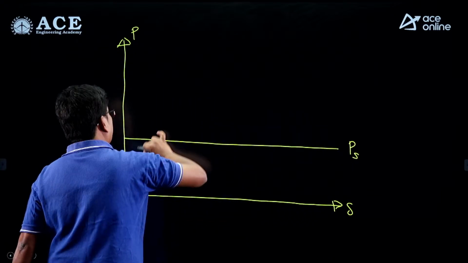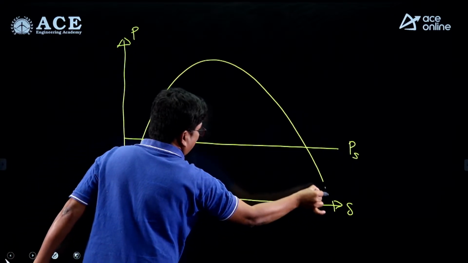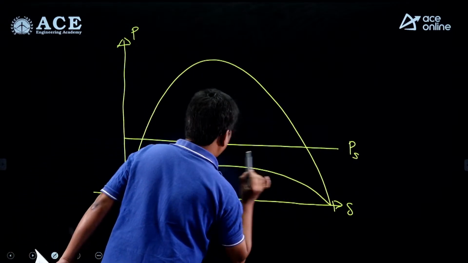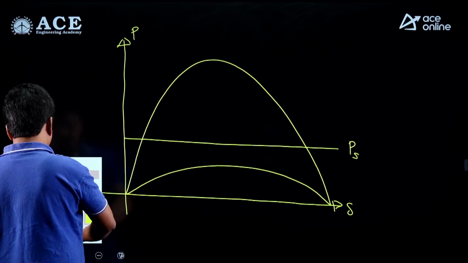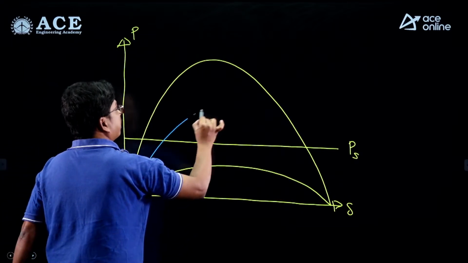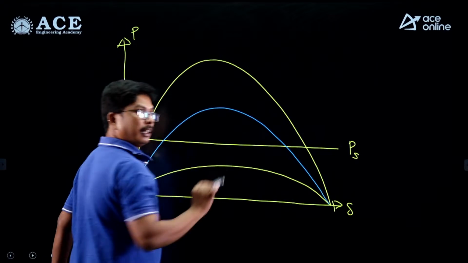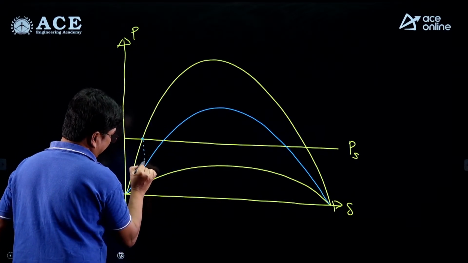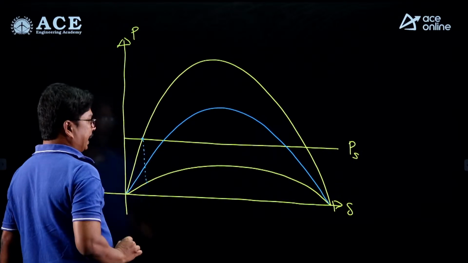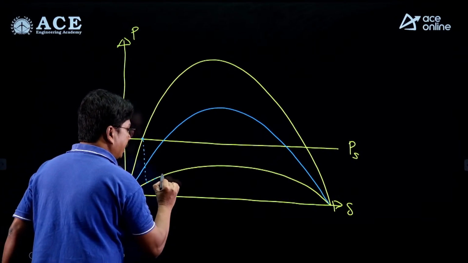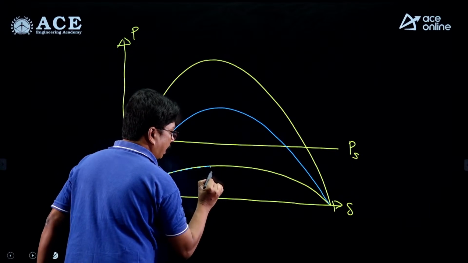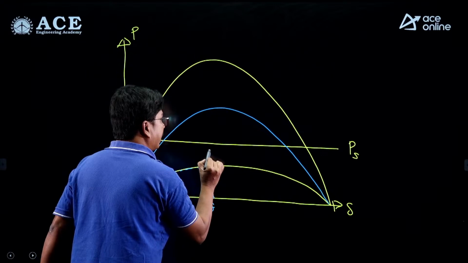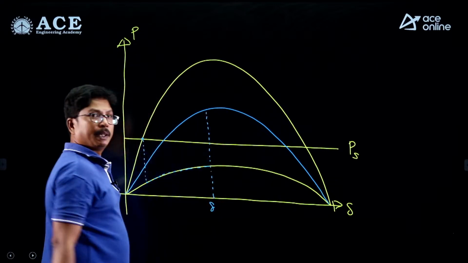The initial electrical power will be very high, and after the fault condition we are transferring a very small amount of power, and once the fault is cleared, the power transfer will be this one. Clear, right? The initial operating point is this one. From this the operating point shifts to the Pe2 curve and follows the Pe2 curve, and they clear the fault at this point, and immediately it shifts to the Pe3 curve.